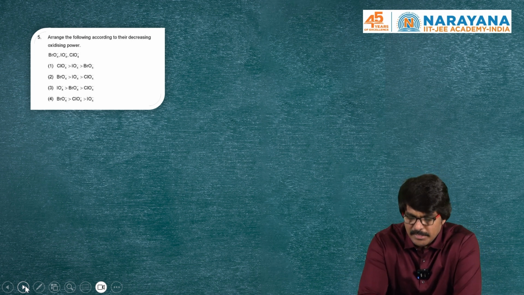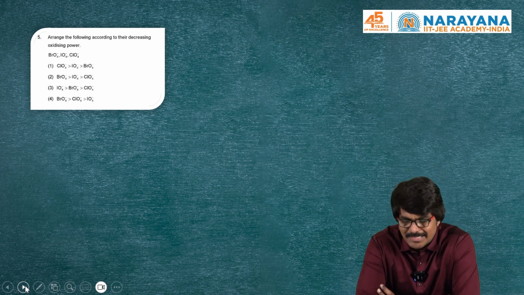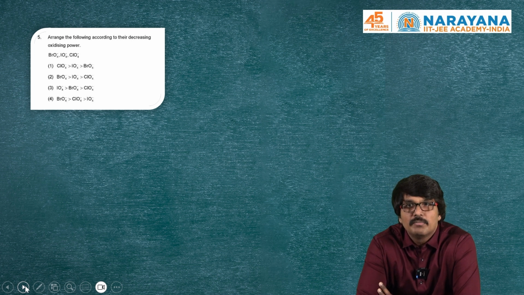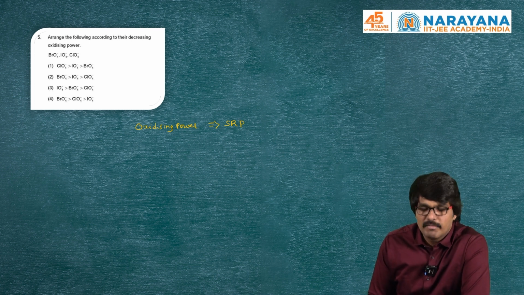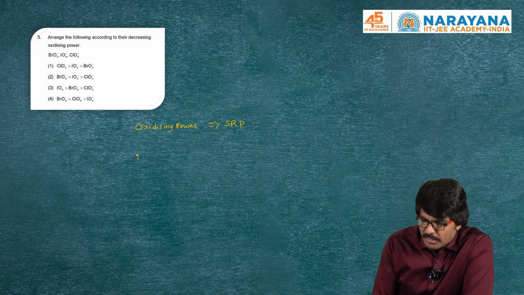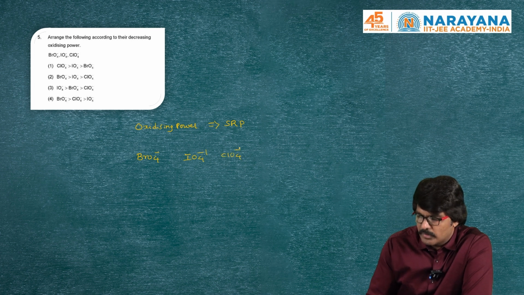And the next one, arrange the following according to their decreasing oxidizing power. So here oxidizing power totally depends on SRP values, standard reduction potential values. And the given species, one is BrO4 minus, one is IO4 minus, another one is ClO4 minus.